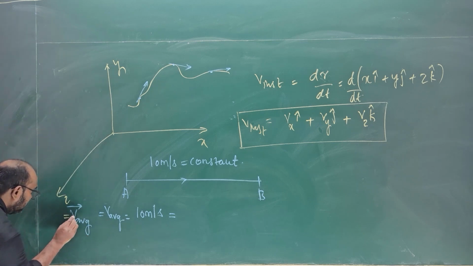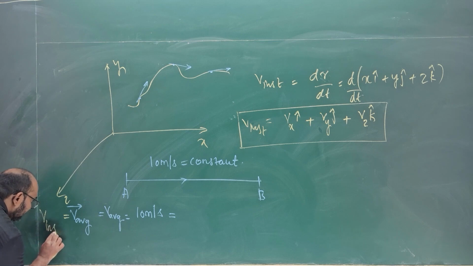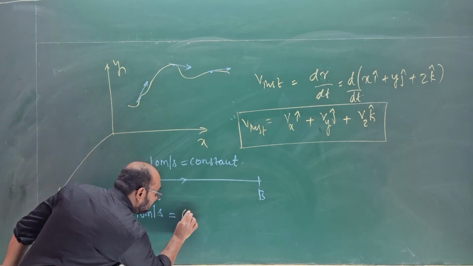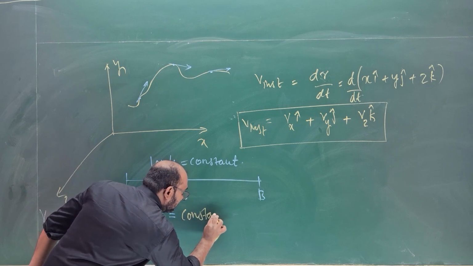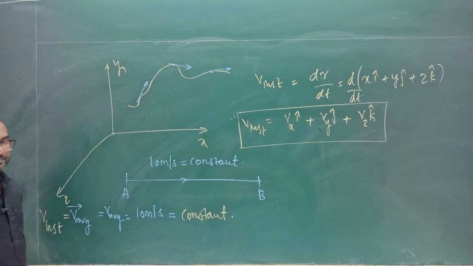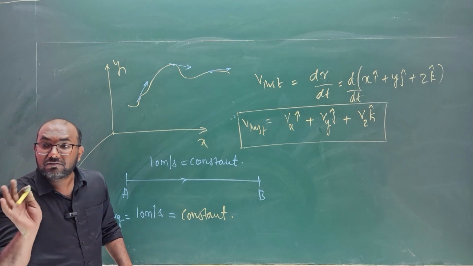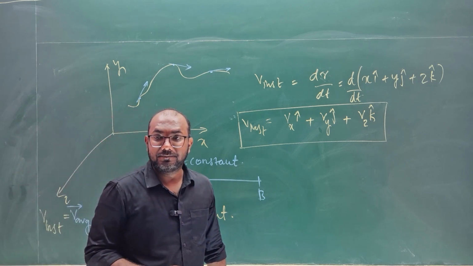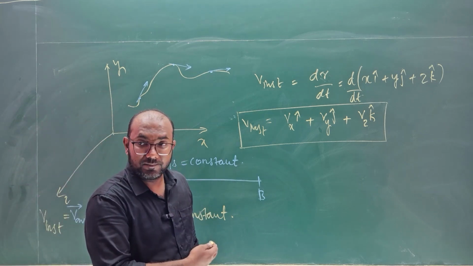So this can also be written as V instantaneous. When is this applicable? When the object is moving with constant velocity. Got my point? And we already learned that average velocity is not always equal to average speed. We already discussed this also.